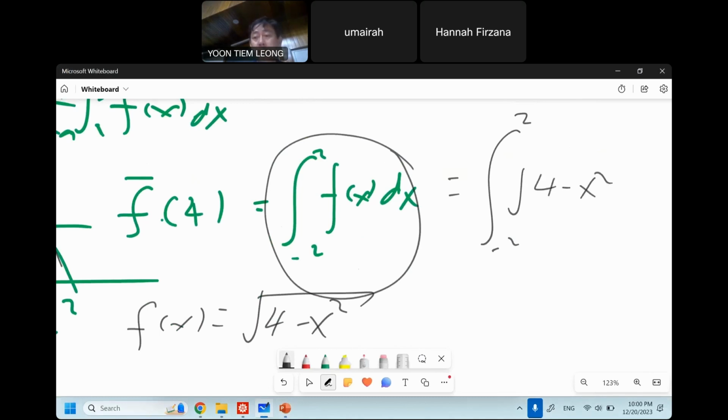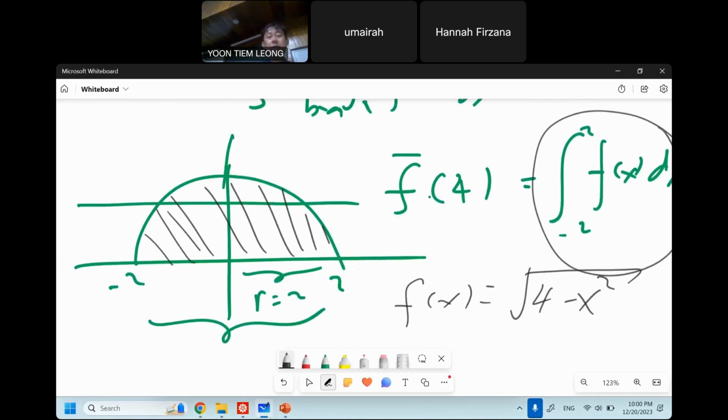But as we discussed just a minute ago, the integral of this function from minus 2 to 2 can be calculated as the area of this curve.